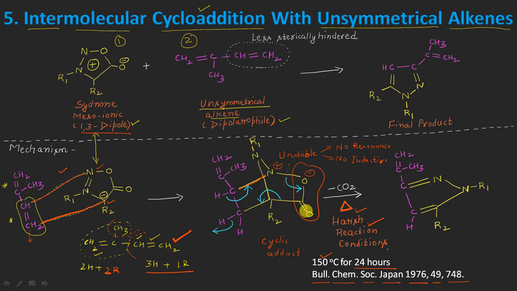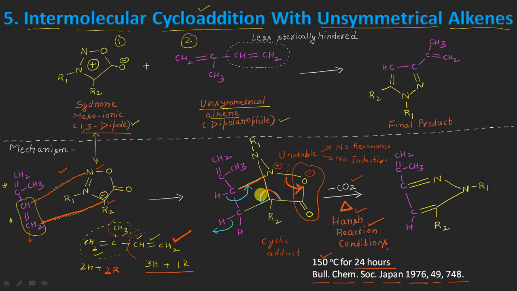So even in this case, the decarboxylation is taking place, sending CO2 out of the system in this way, which I have shown by these sky blue colored arrows. So this bond here will be shifting here, giving a double bond.